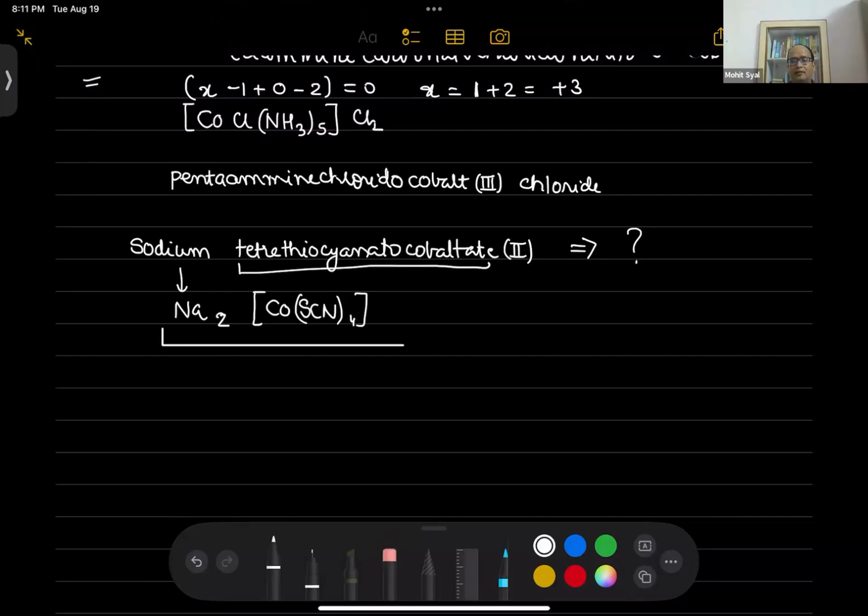Is it clear? Yes, sir. So just be careful about the charges. First decide the charges, then write the formula, the complete formula, including the cation.